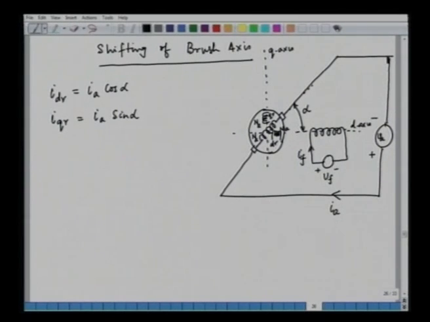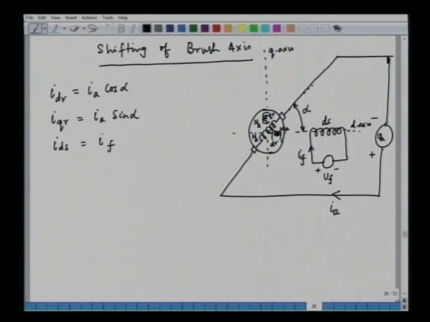We are talking about the shifting of the brush axis, and this is the D axis stator winding DS. So, we can also say that IDS is equal to IF. So, we are relating the primitive variables with the actual variables. Actual variables are here the armature current and the field current, and the primitive variables are IDR, IQR and IDS.